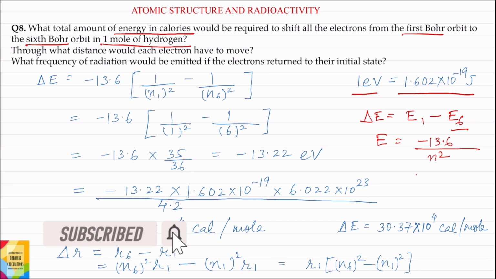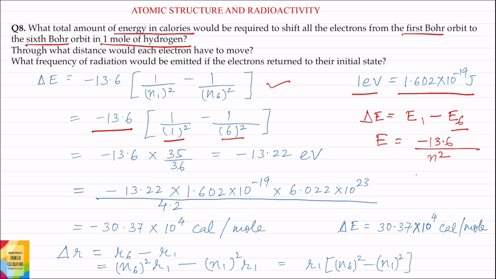And the difference can be written by taking minus 13.6 as common, and we get 1 by n1 square minus 1 by n6 square. Putting the values of n1 and n6, the value of delta E will be equal to minus 13.6 into 1 by 1 square, this is for the first orbit, minus 1 by 6 square, this is for the sixth orbit. Solving, this is equal to minus 13.22 electron volts.